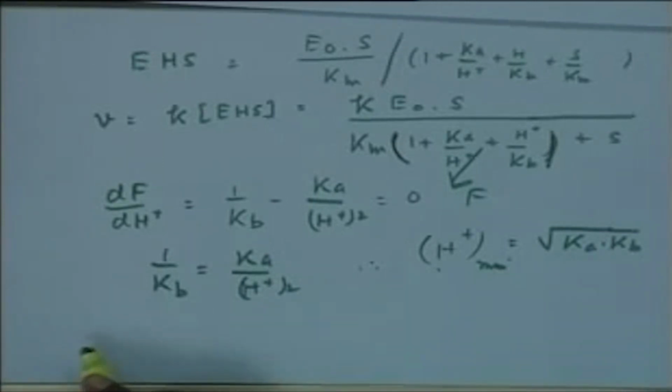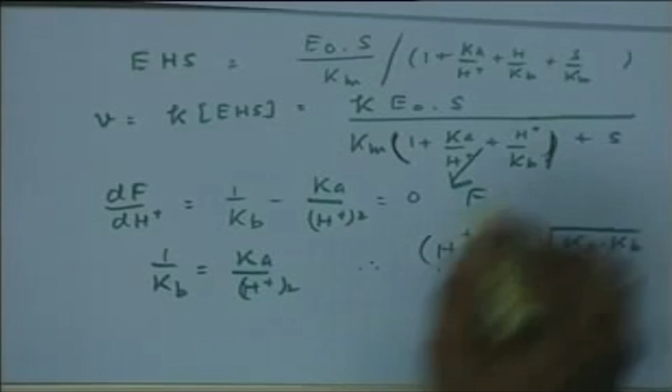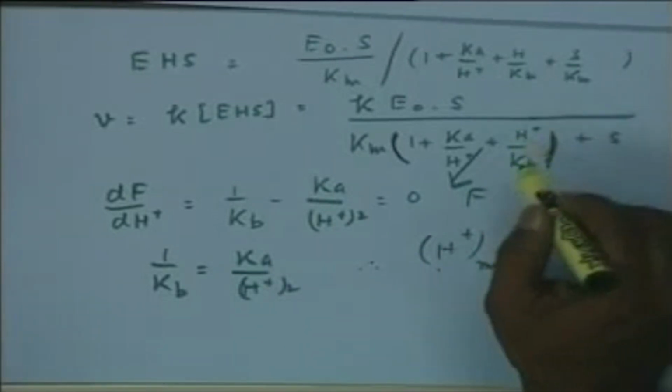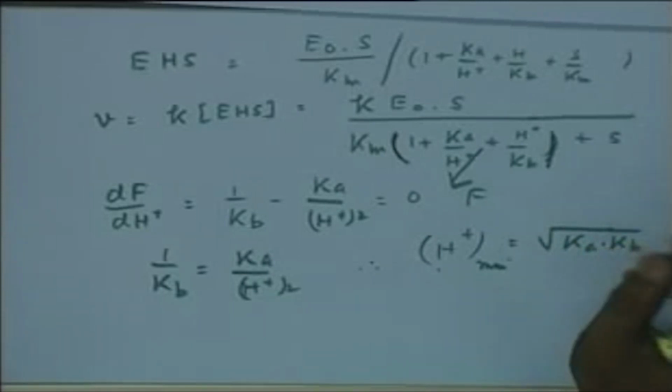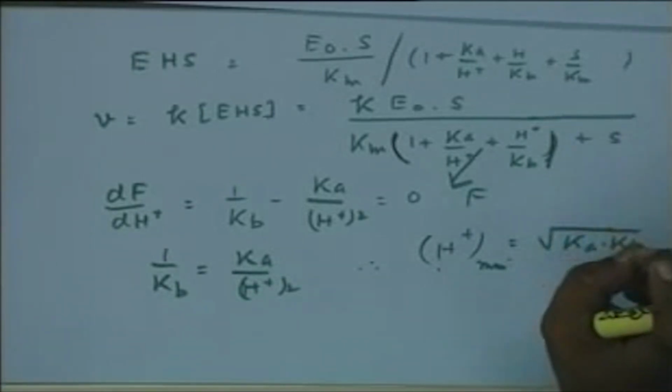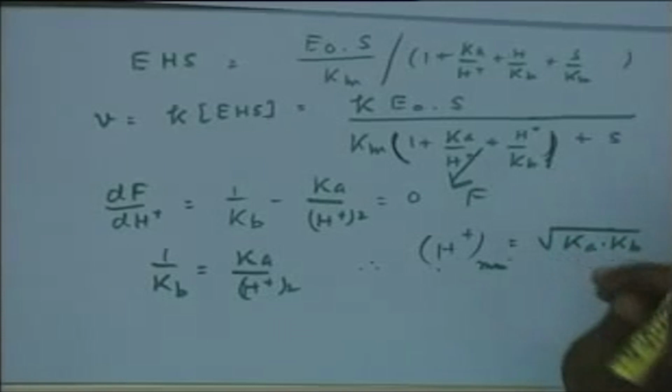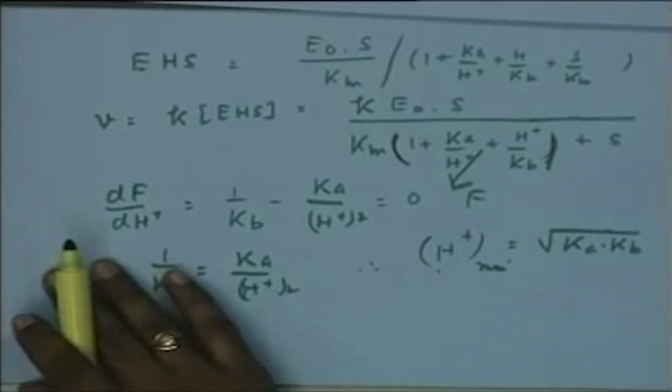So, essentially you can use this expression to denote the effect of the ionization constants of two amino acid residues on the reaction velocity of the enzyme catalyzed reaction.